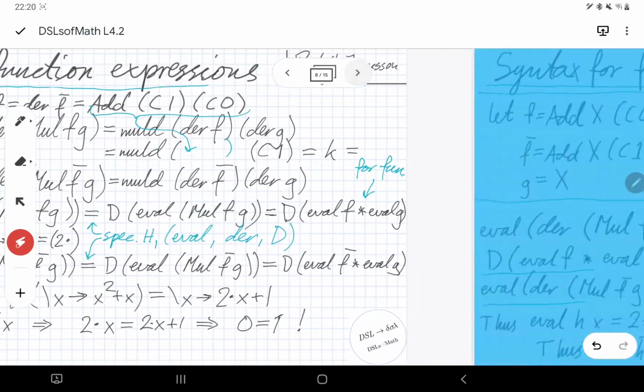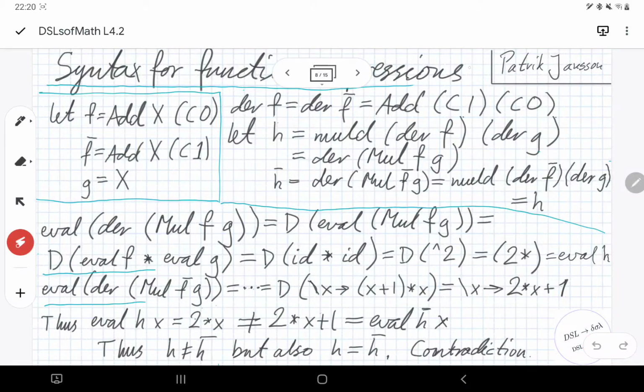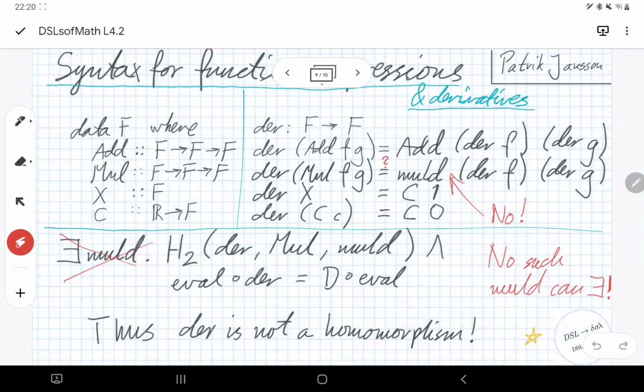If we sum this up, the question was: does there exist a mul d? The answer is no. There doesn't exist any mul d such that these two things hold at the same time. So the syntactic computation of a derivative, which we have defined, is a function, but it is not a homomorphism.